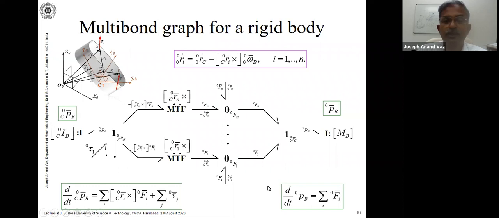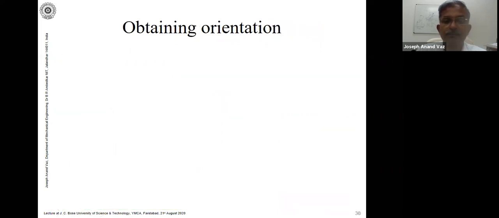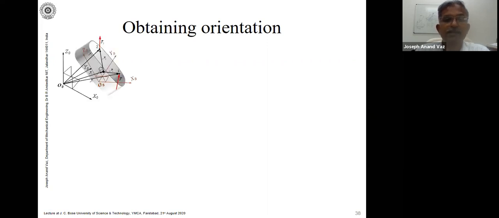So this is the beauty. You can directly start with the kinematics and then you can append dynamics to it. There's one more essential kinematic relationship which is involved, and that is regarding orientation, how to obtain the orientation.